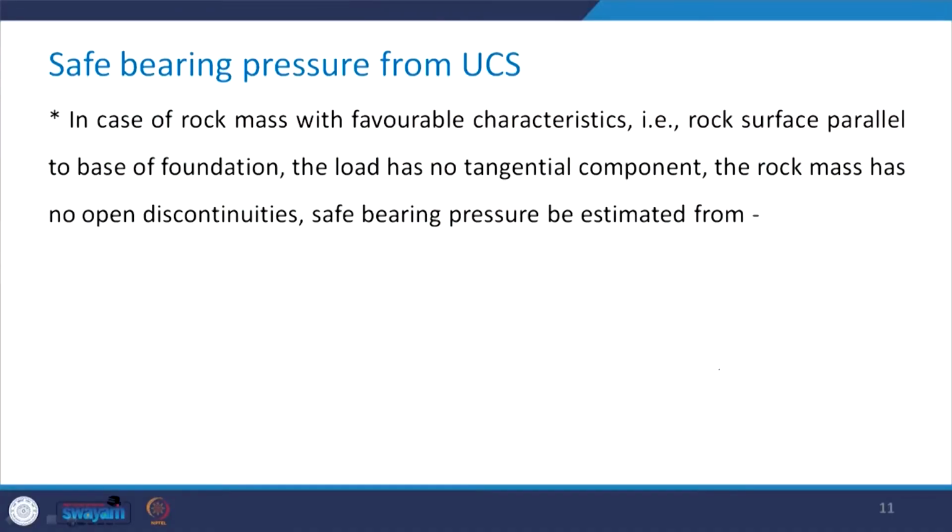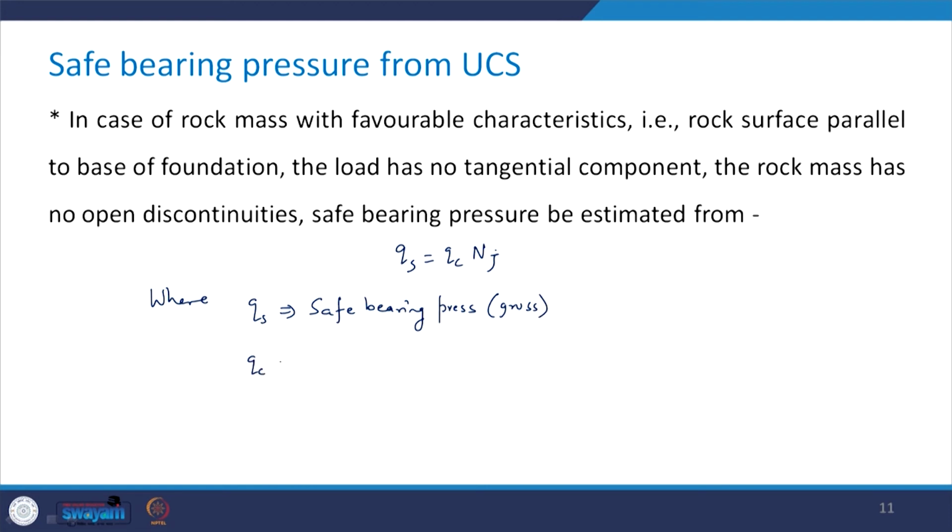If the rock mass has no open discontinuities, then the safe bearing pressure can be estimated from this expression: Qs equals Qc into Nj, where Qs is the safe bearing pressure, and here it is the gross, not the net.